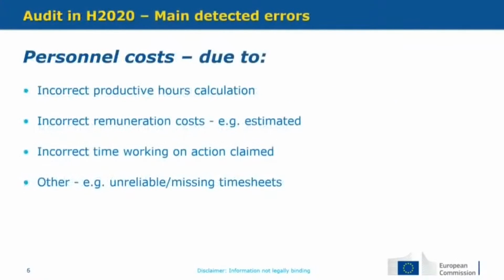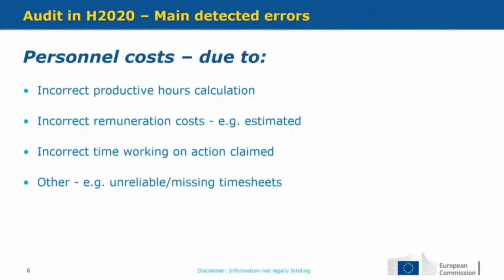The main detected errors, I will present to you in the slides, during the audits that we carried out for Horizon 2020 actions are for personnel cost especially. They are due mainly, first of all, to incorrect productive hours calculation. I think we have a slide later on about this.